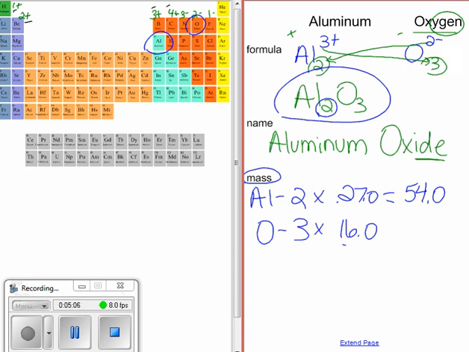So that would be the total mass of the aluminum in this formula. And for oxygen, 16 times 3 is 48. That's the total mass of the oxygen in this formula. And then you add them up to get the total mass for the formula. So in this case, it's 102, and my unit would be atomic mass units, AMU.